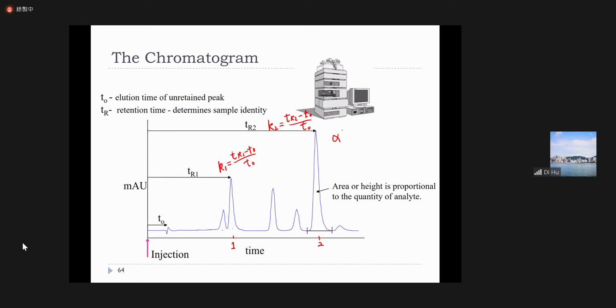So what is alpha? Alpha equals k2 over k1, right? So if alpha equals 1, do you want that? That is not good, okay? They're not separated, right?